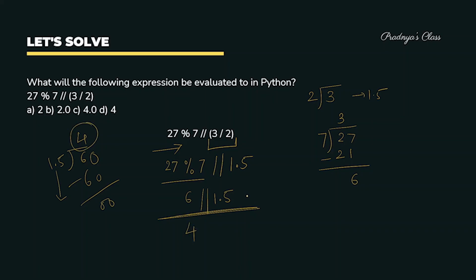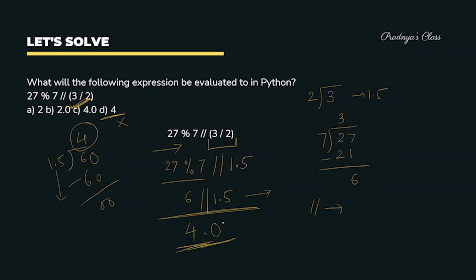But when we are doing floor division and any one quantity is float, we get the answer in the form of float. So our answer is not 4. Our answer is 4.0. You can see 4 in option D, but it is not correct. We will get the answer 4.0 because we know that floor division always truncates the fractional part and gives the integer value.